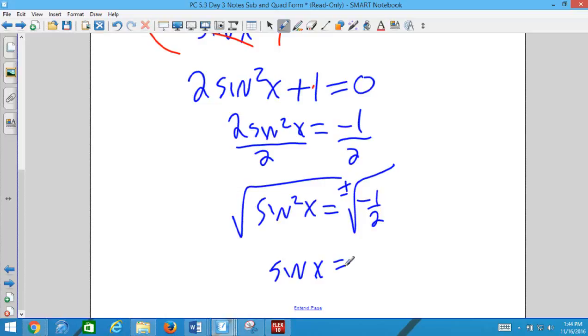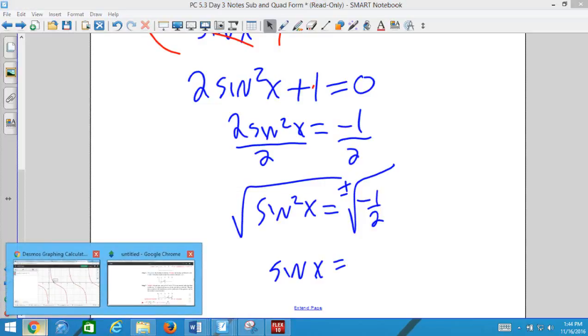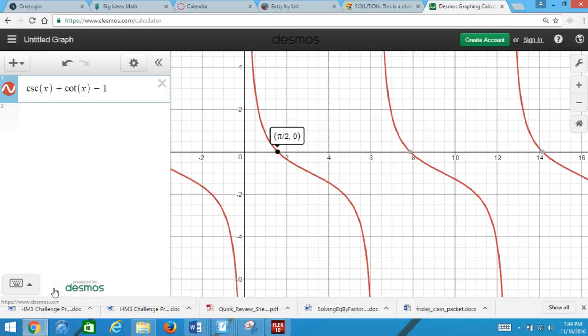Let's go to Desmos. This is what you do. You'd say, what is going on? Why am I getting an imaginary number? Let's graph it and find out. So I'm getting an imaginary number, which I could keep solving, but I'm fearing that I'm not doing it right. So I'm going to go to Desmos, and I'm going to type in the equation. Let's see what the graph looks like.